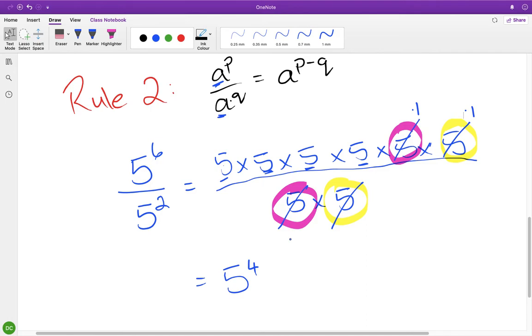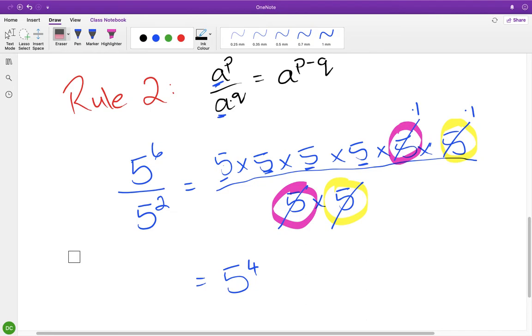But really, when you're working in indices, most of the time your answer is in indices. So the question will say something like, leave your answer in index form, or it might say, put your answer in the form 5 to the power of x, something like that. So most of the time when you're working in indices, your answers will be in indices.